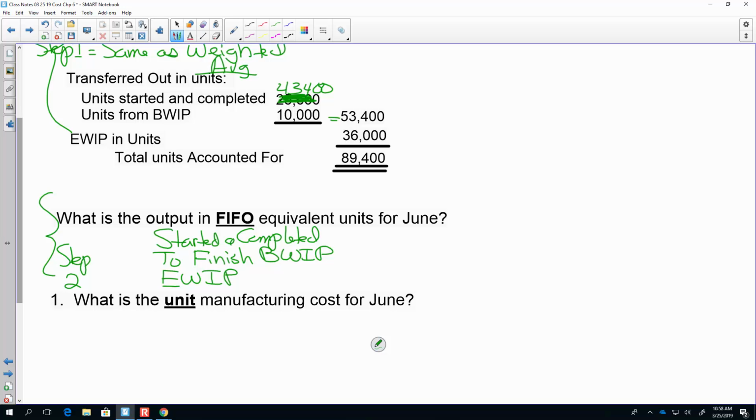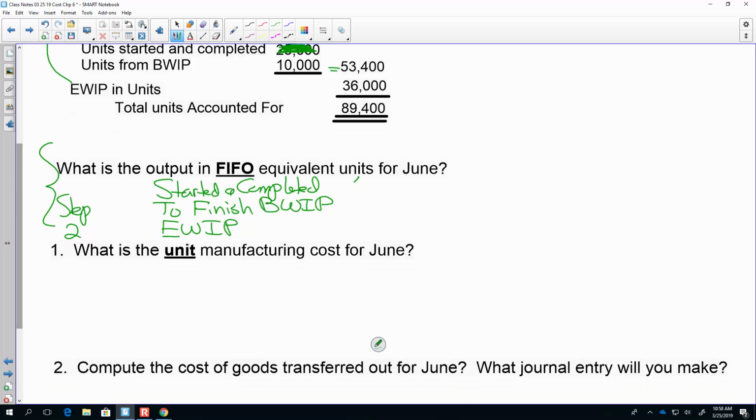The others, the 43.4, was the started and completed. So that's the number I want to start with, 43.4. Again, in step 2, I will multiply by a percent, 100%, to come up with my equivalent units of production, 43.4.